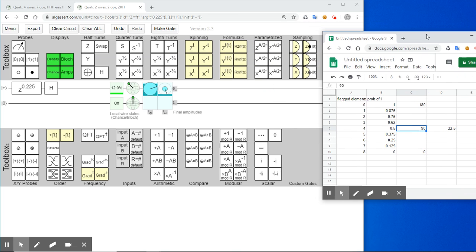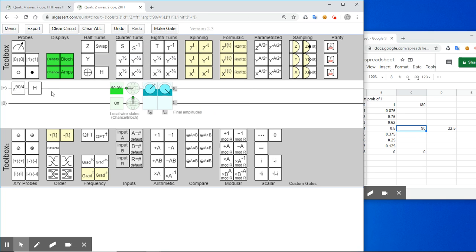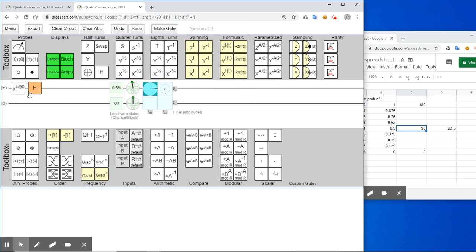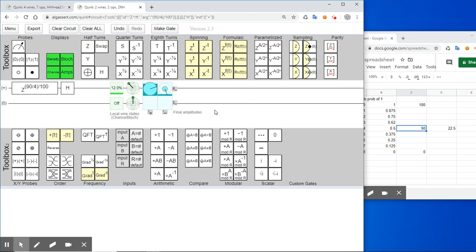90 divided by 4. Sorry, 4 divided by 90? Oh, what am I doing? 90 divided by 4, divided by 100. Yeah, that's a 12%. It's an approximation.